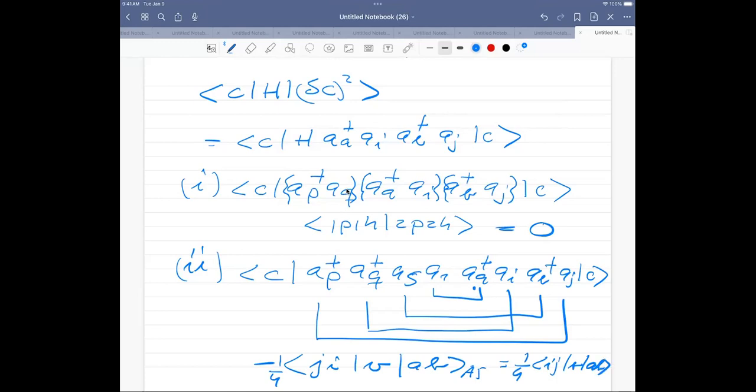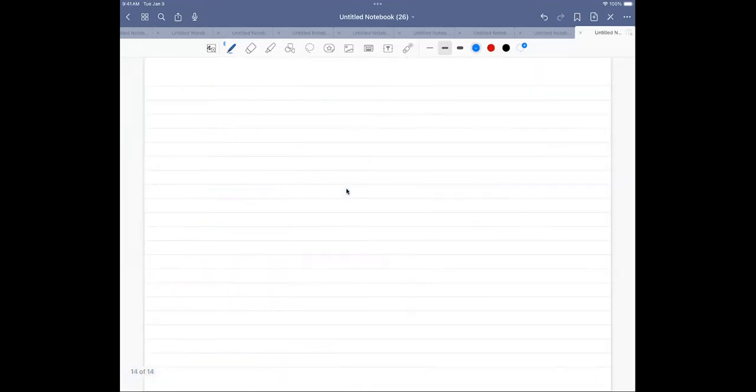Now I can perform 3 more contractions. They're 3 pretty similar ones, and it's easy to see that. So we will have plus 3 more. And these 3 more give us at the end just one matrix element, which looks like this, AB, anti-symmetrized.